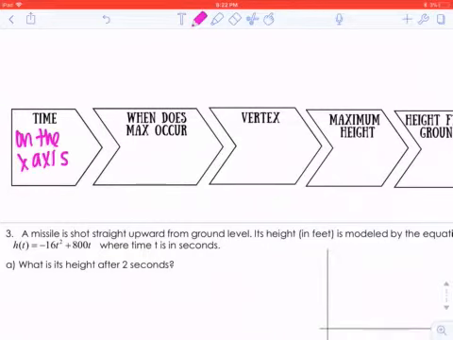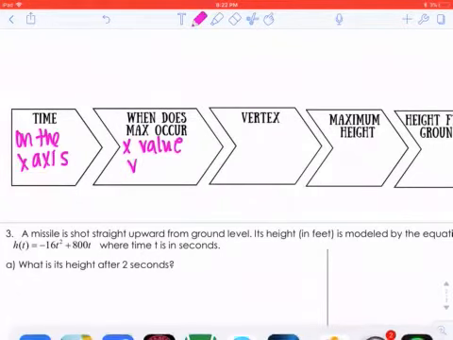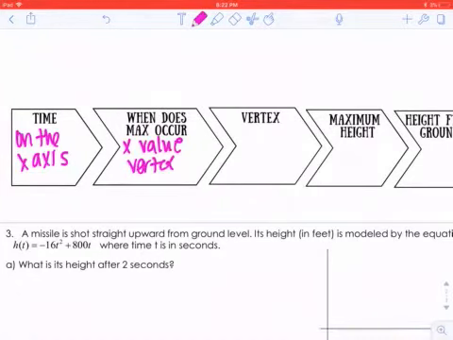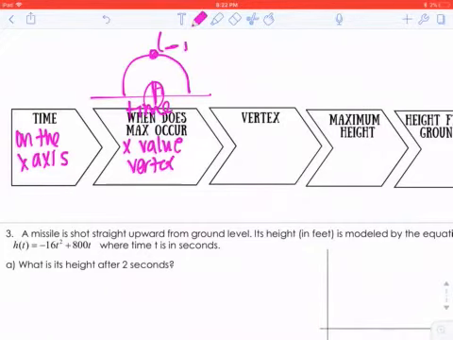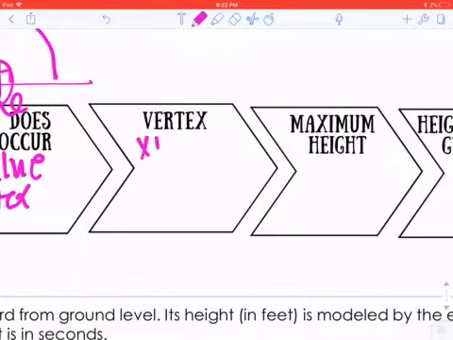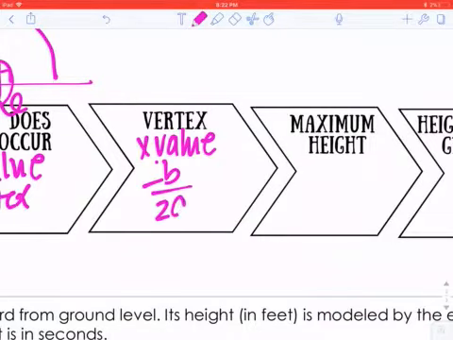When does the maximum occur? That's asking for the x value of the vertex. Right? If we have our parabola, it looks like that, and it wants to know when, it's asking for the x value right here, because this is time. So it's asking for the x value of the vertex. You can always find the x value of the vertex by the opposite of b over 2a.